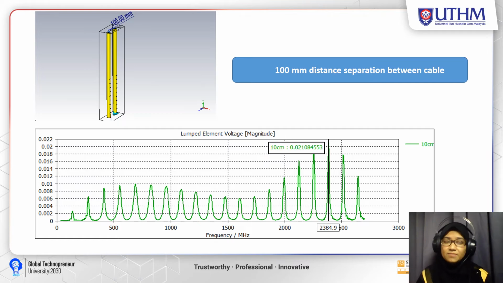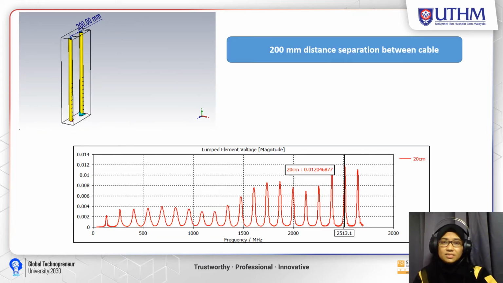This is the first result, for 0.1 meter distance separation between cables. The graph shows that the maximum induced voltage recorded at 0.1 meter distance is 0.021 volt.